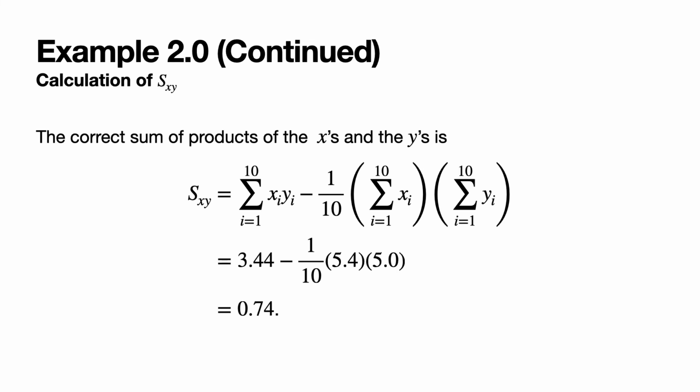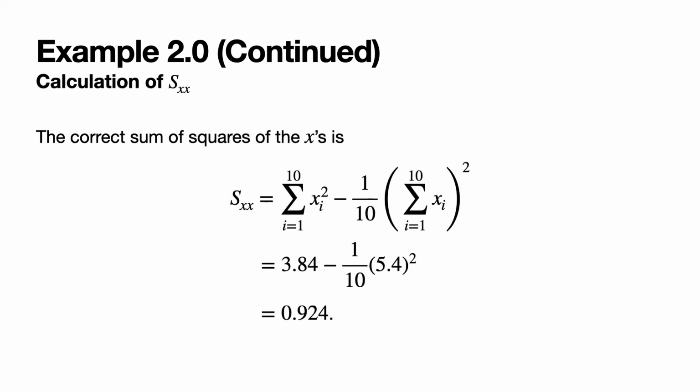All right, so let's first calculate the corrected sum of products of the x's and the y's, S sub xy. Plugging in the values of these summary statistics in this formula, we get a value for S sub xy of 0.74. Then we calculate S sub xx, the corrected sum of squares of the x's.